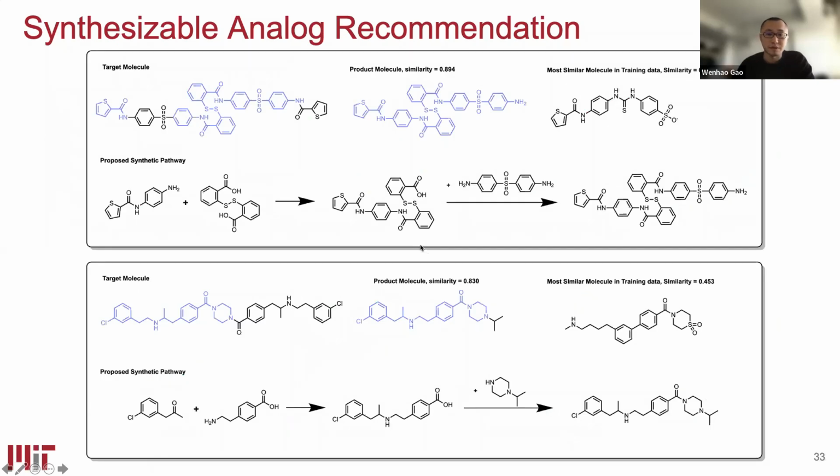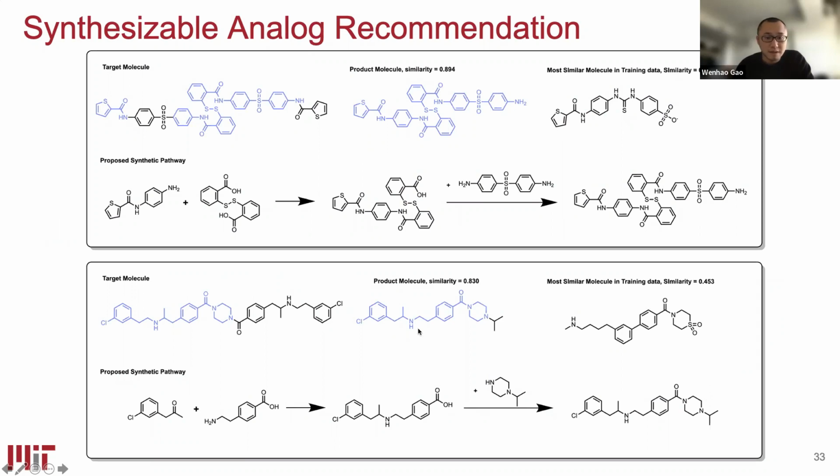And here I'm showing two unrecovered cases. In the first case, although our model cannot reconstruct this target molecule, it gave us a pretty similar structure that has many common substructures with it, while the most similar molecules in the training set differ a lot.